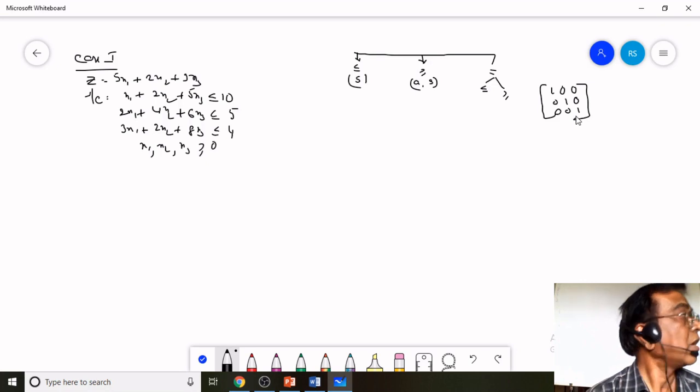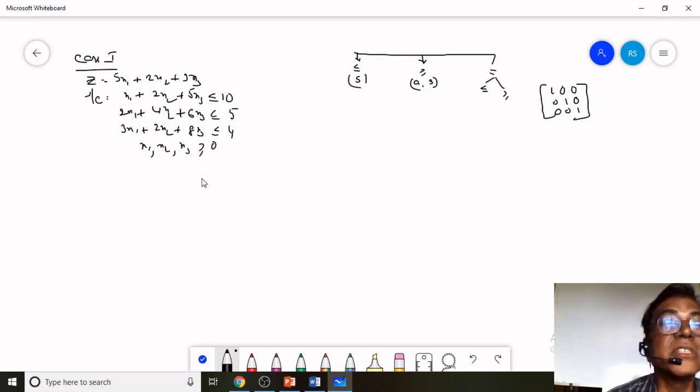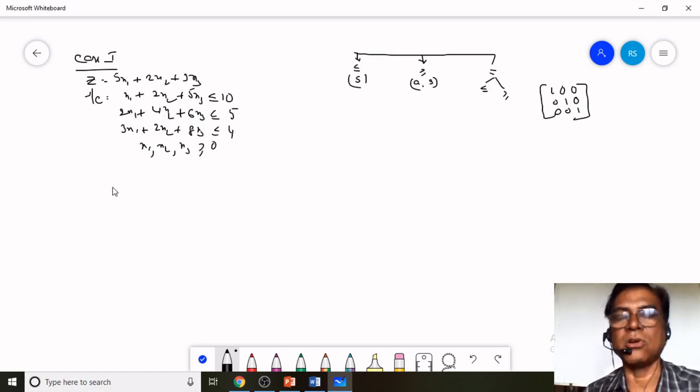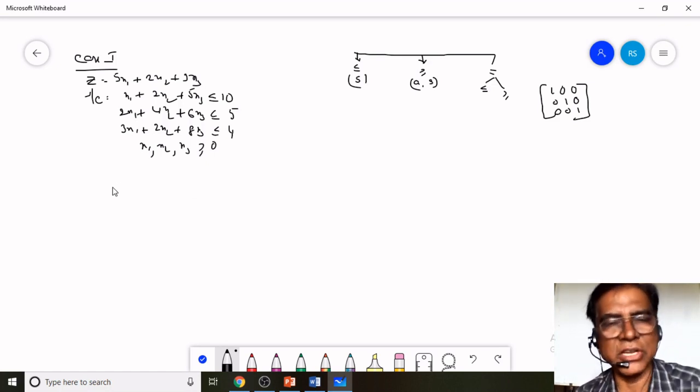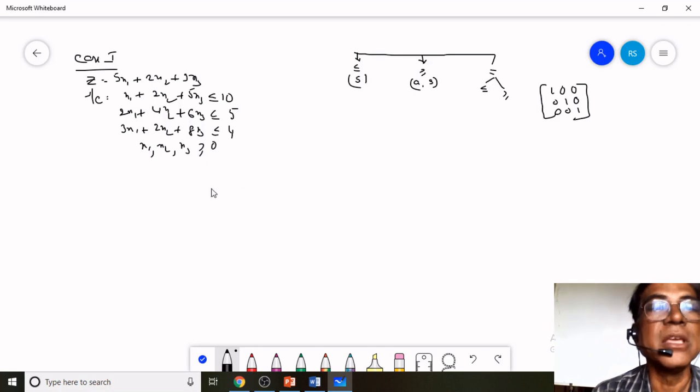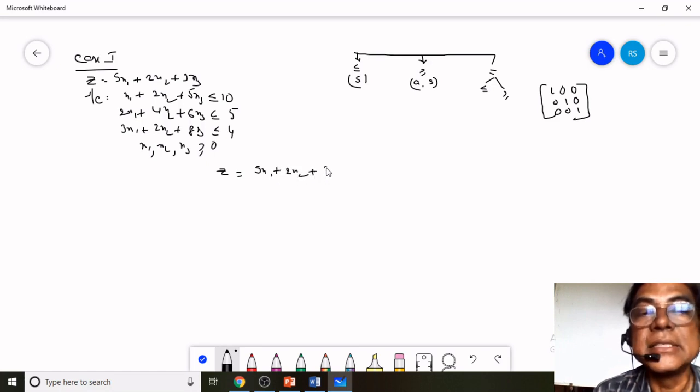Okay, now come to this point. Take the first equation. Conversion is very, very important. Once we know how to convert an inequality to an equal equation, the problem is very easy. Now z is equal to 5x1 plus 2x2 plus 3x3.